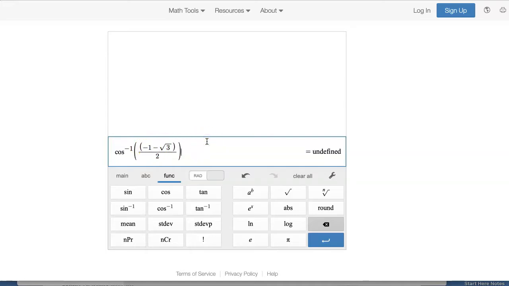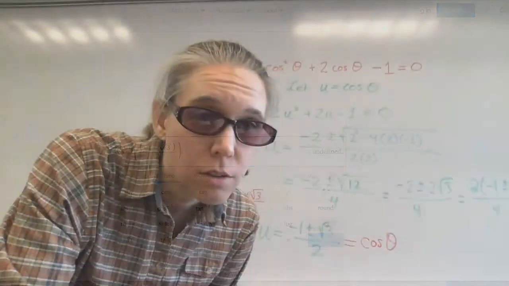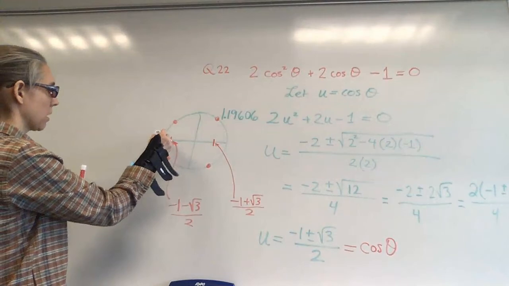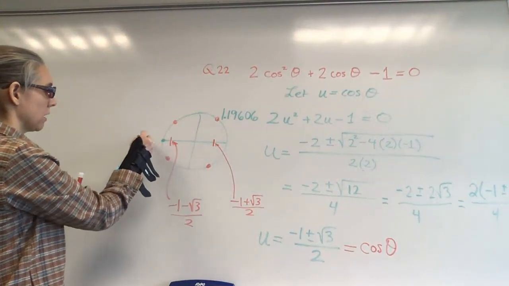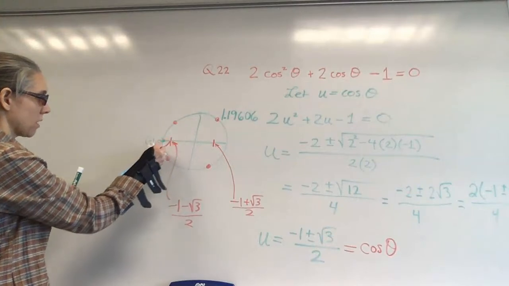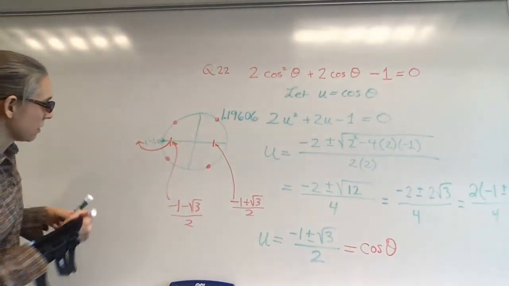Cosine inverse, undefined. Ooh, why is that undefined? Well, negative 1 minus root 3 exceeds negative 2. And if the numerator exceeds -2 and we divide by 2, then this number is exceeding -1. So if this point on the unit circle is -1, 0, this notch is not even on this side of the axis.